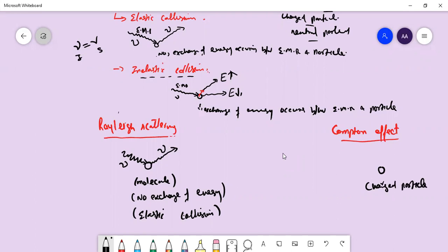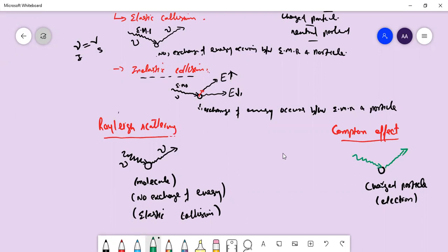Charged particles means here I will take the example of an electron, because an electron has a negative charge. What will happen is that when the electromagnetic radiation strikes this charged particle, which we can say is an electron, the energy of the scattered light will decrease.